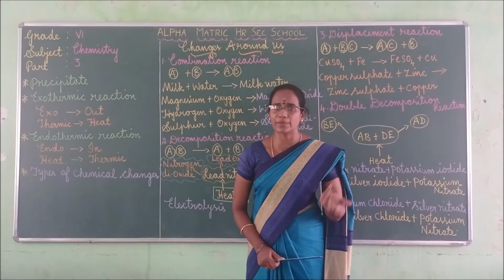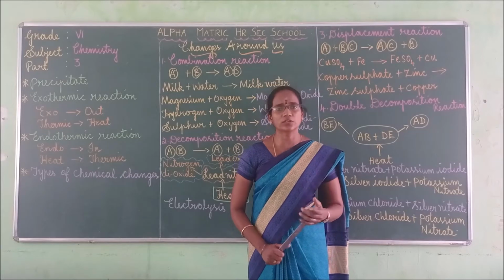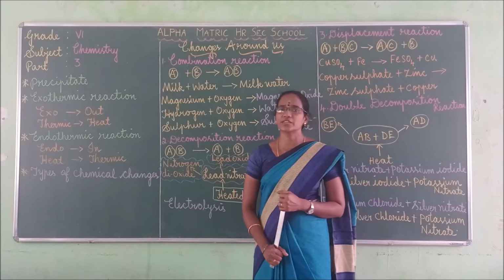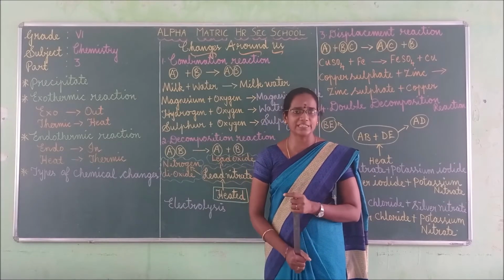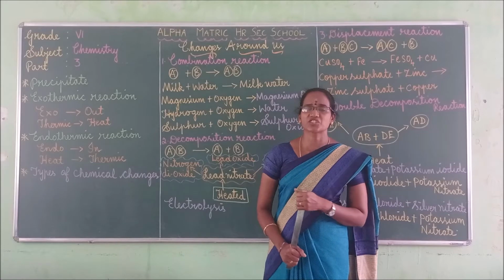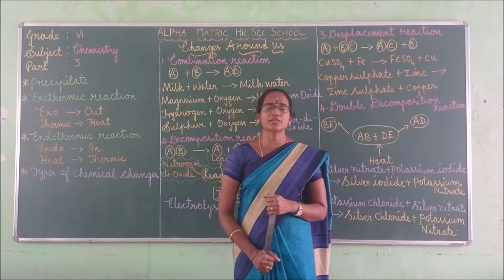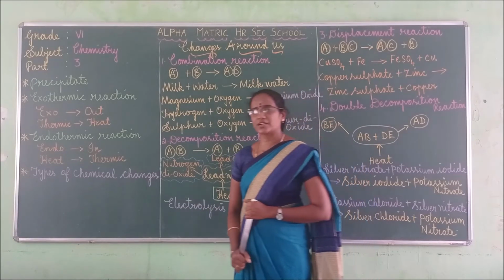Here heat is liberated, hence these things come under exothermic reaction. Exo means out, whereas thermic means heat. If a chemical reaction takes place with evolution or liberation of heat, then it is called an exothermic reaction.